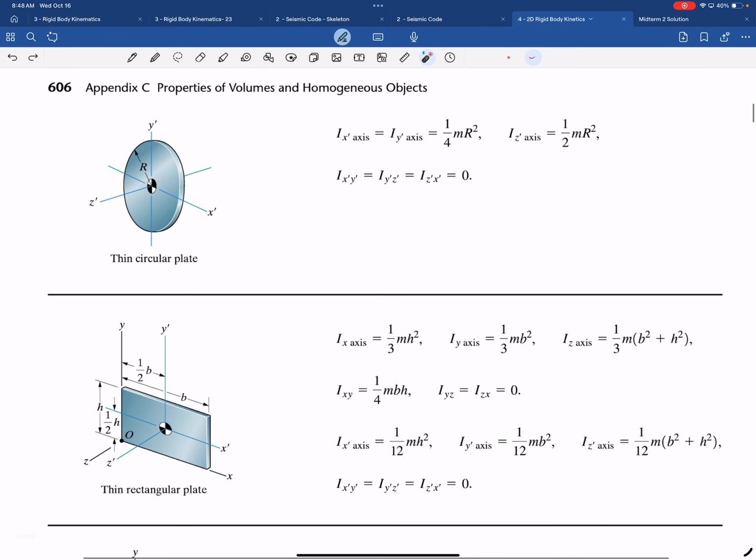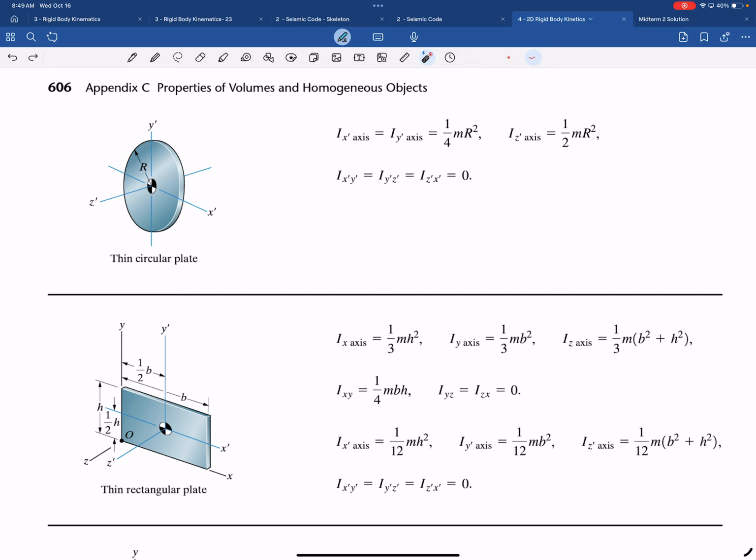You also have another object that we're going to use quite a bit, which is discs. If you have a disc and you can figure out where the center of mass is, right down the middle, you can figure out the moments of inertia about its axes. There's the x-axis and the y-axis. The resistance around either one is the same, which is 1/4 mr squared. But about the z prime axis, rotating this way, it's going to be different than that.